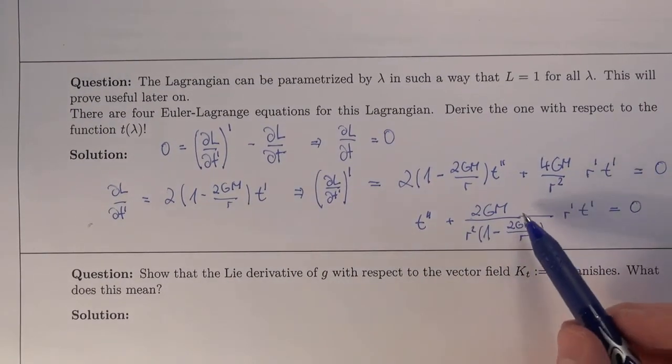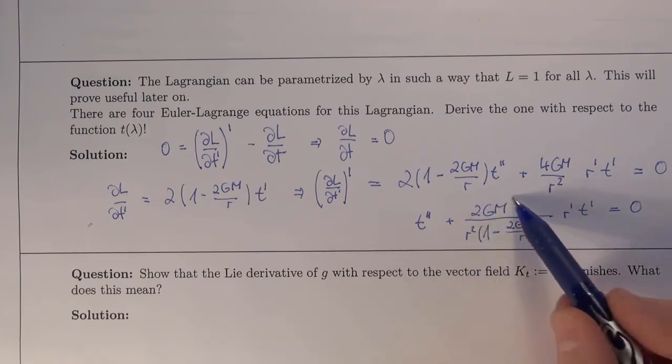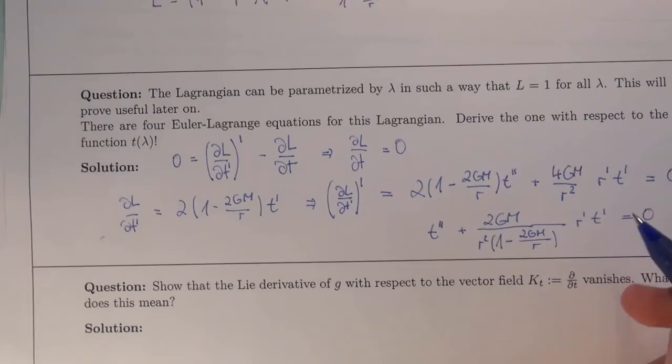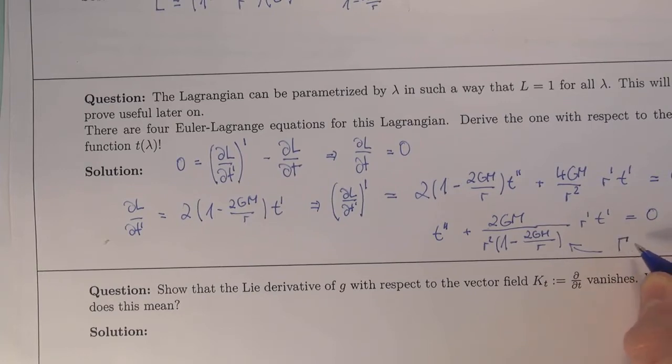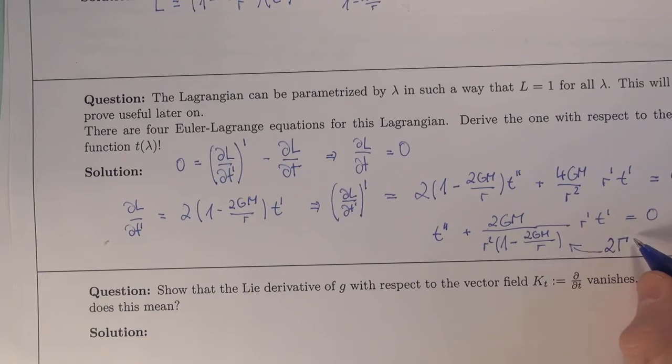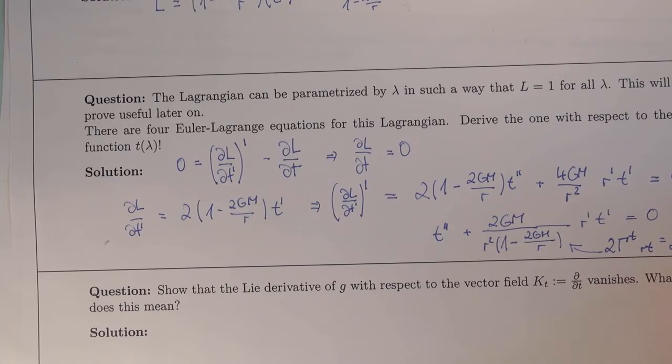So here we see that we could read off the Christoffel symbols for the Schwarzschild metric, so this is 2 times Γ^t_tr, which of course is equal to 2 times Γ^t_rt.